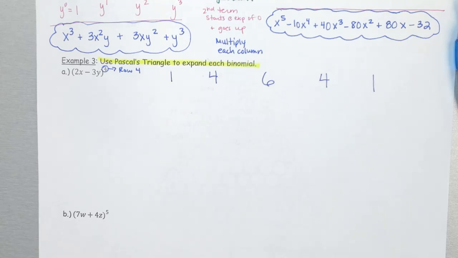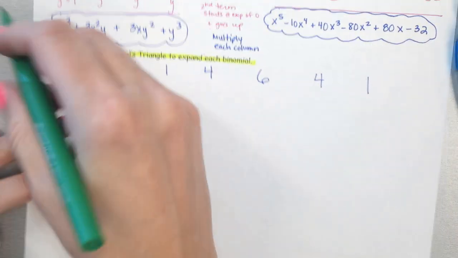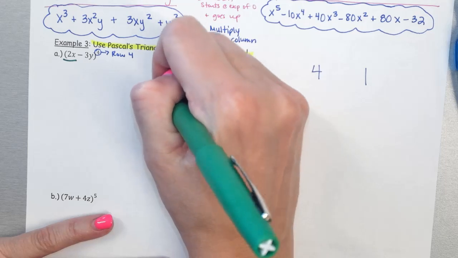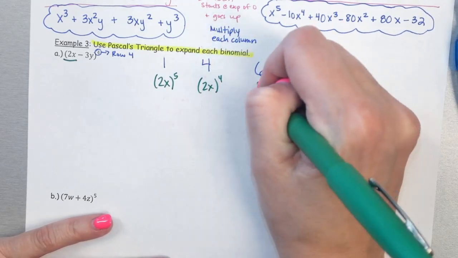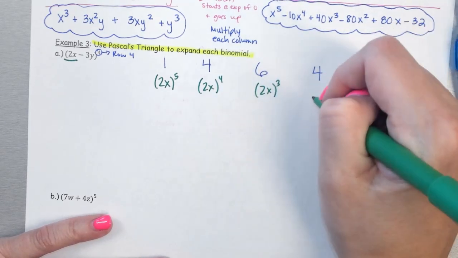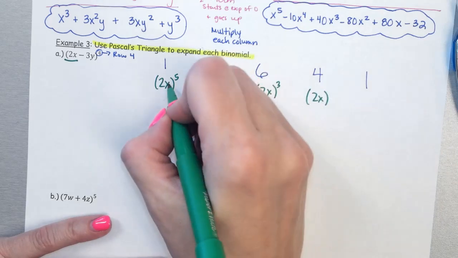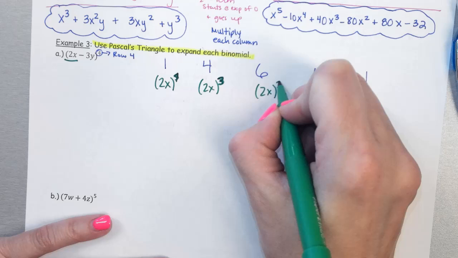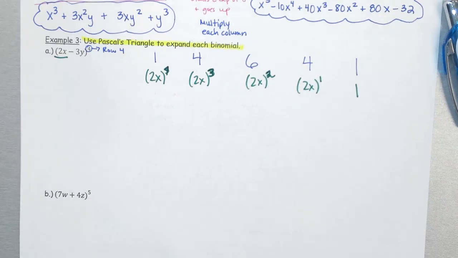All right, now the first term is 2x. So when you're doing this, we're going to start with 2x to the 5th. And you can write these down quickly, which might be helpful. Oh, sorry, I started at 5. So 4, 3, 2, 1, and then 0 is just 1.